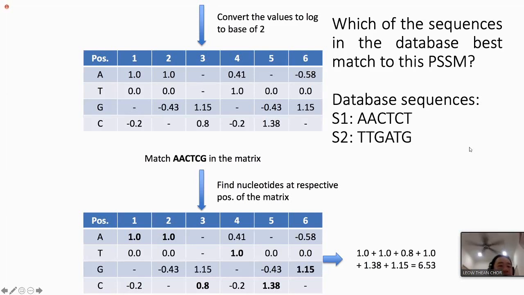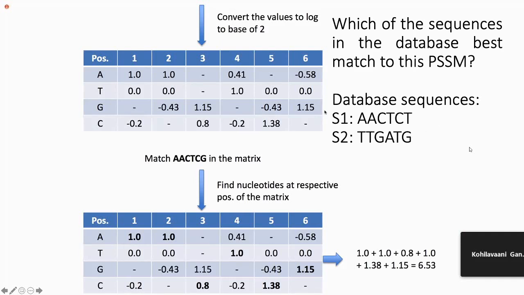You just have to add every single match value. For example, AACTCG: A is 1, A is 1, and then C is 0.8, and then T is 1, and then C is 1.38, and G is 1.15. So you just add every single match score in order to get the final score. The final score is 6.53, right? Very simple to calculate. Because the PSSM is in the log format, it simplifies the calculation later on.